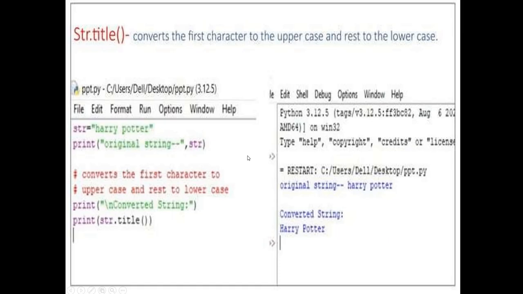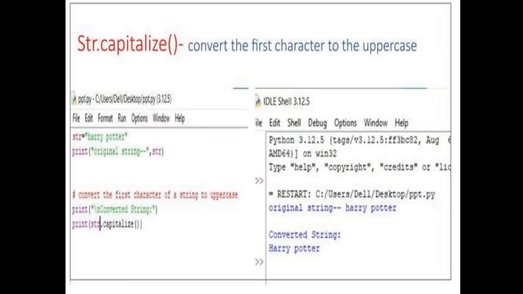This is the title: Harry Potter is converted to Harry Potter in title case. The first letter will be capitalized with the capitalize built-in function. So for Harry Potter, the H becomes uppercase and all the rest will be in lowercase.